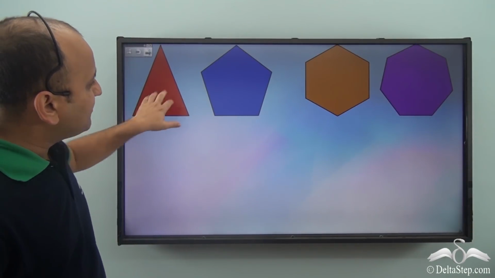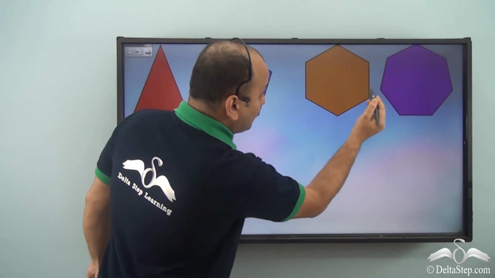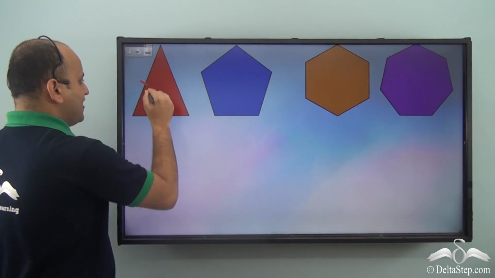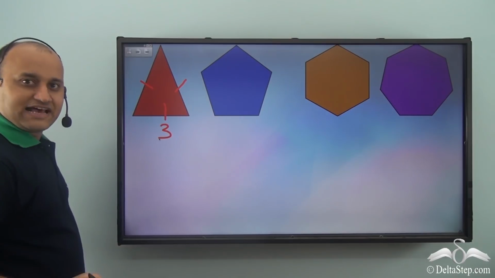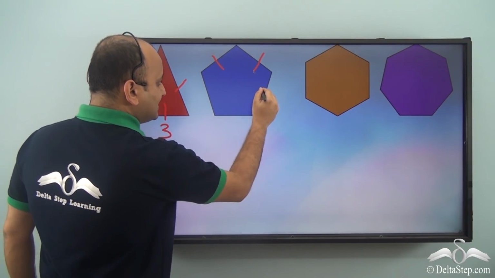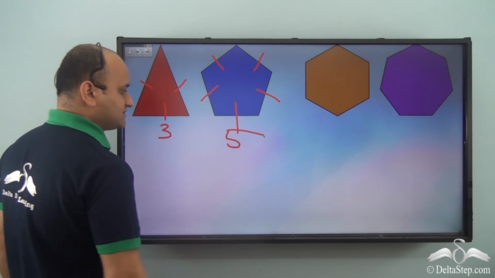Now here again we have a set of shapes. So let's see how many sides each one of them has. So let's start with the triangle. So we have 1, 2 and 3. So 3 sides. What about this? 1, 2, 3, 4 and 5. So 5 sides.